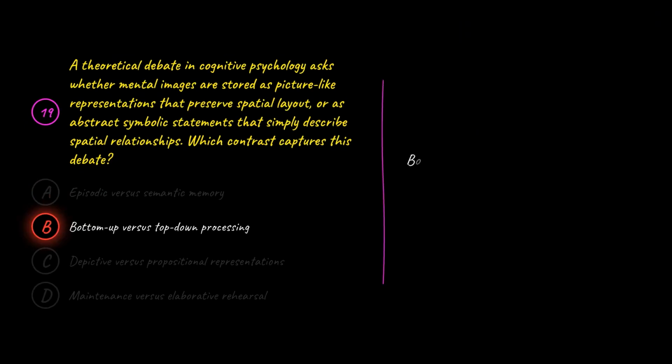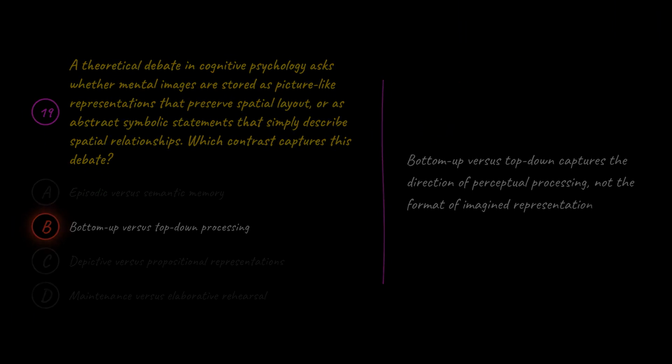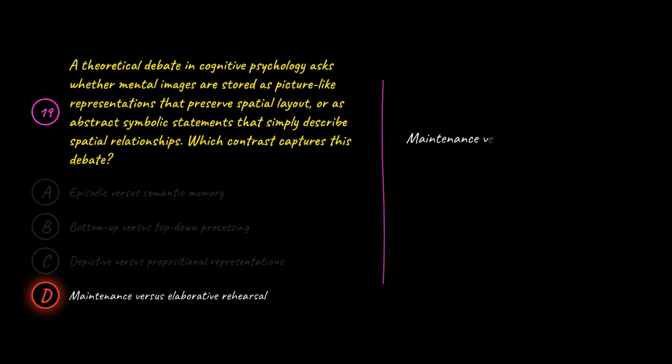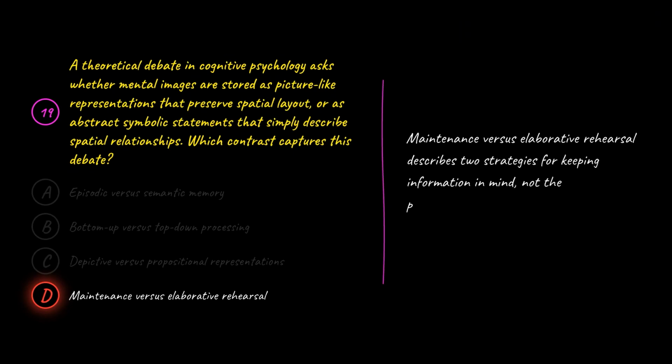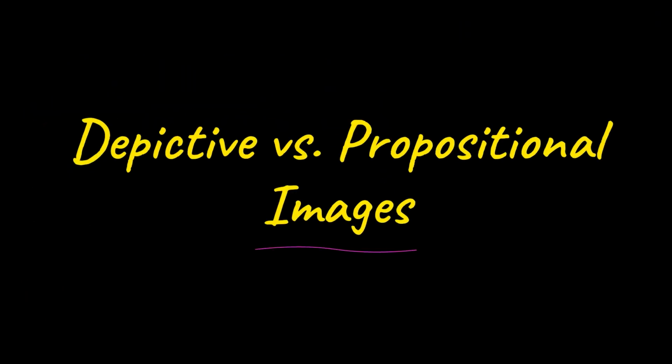B is wrong because bottom-up versus top-down captures the direction of perceptual processing, not the format of imagined representations. D is wrong because maintenance versus elaborative rehearsal describes two strategies for keeping information in mind, not the picture-like versus symbolic format dispute. One of the longest-running debates in cognitive psychology concerns the format of mental images.